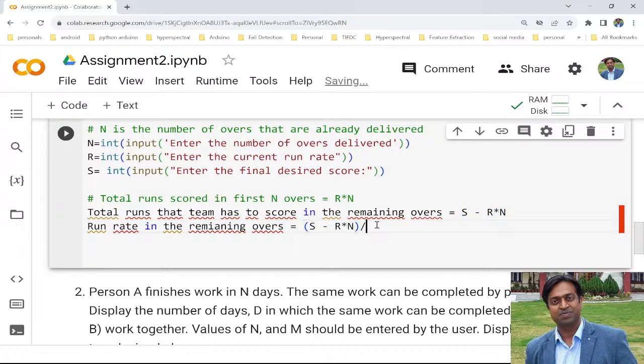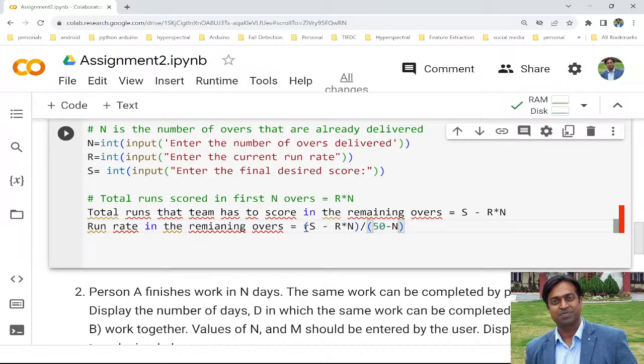In how many overs are left? Overs left is 50 minus n, because n overs are already delivered and the match is of 50 overs. So this many overs are left. It means this many runs should be scored in this many overs.